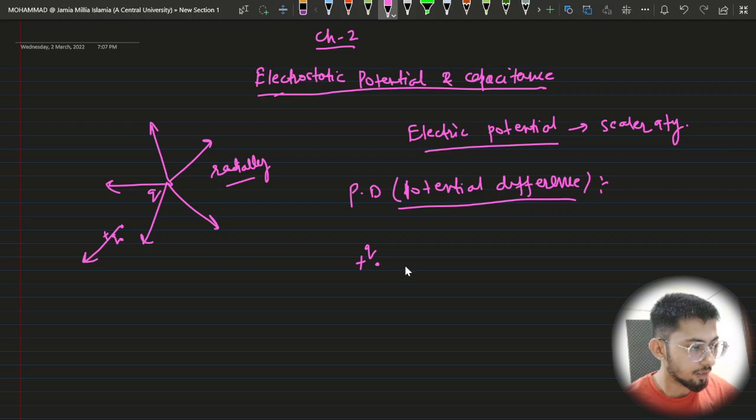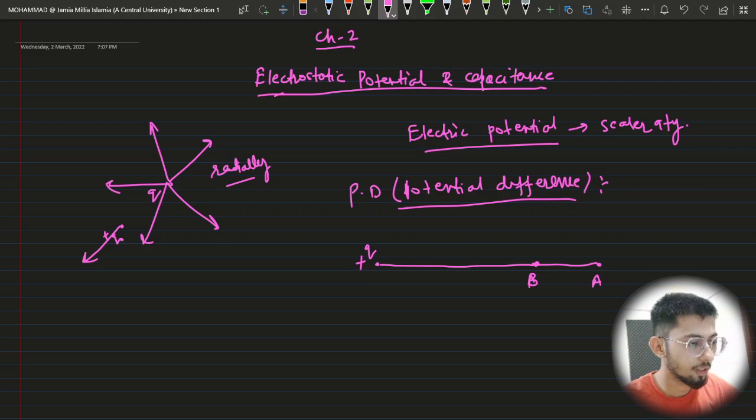Let there be a point B, and a point A here also, and both these points lie in the electric field due to this q.